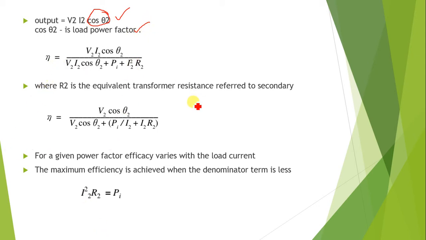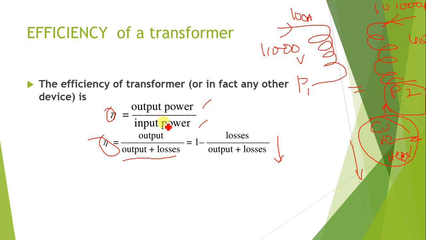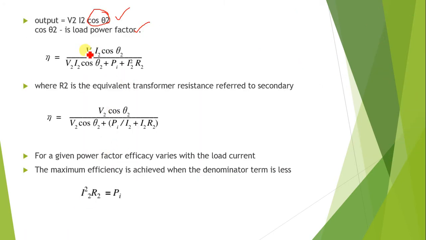Eta is equal to output power by input power, or output power by output plus losses. From either of these equations we get V2 I2 cos phi 2 divided by V2 I2 cos phi 2, which is your output power, plus Pi, the iron loss, plus I2 square R2, which is the copper loss.